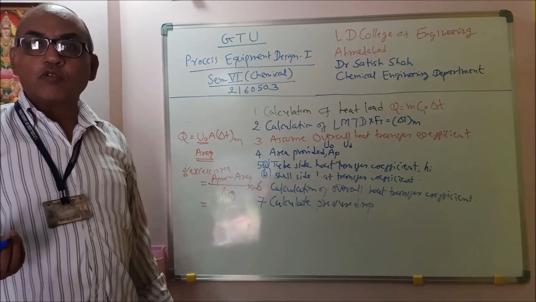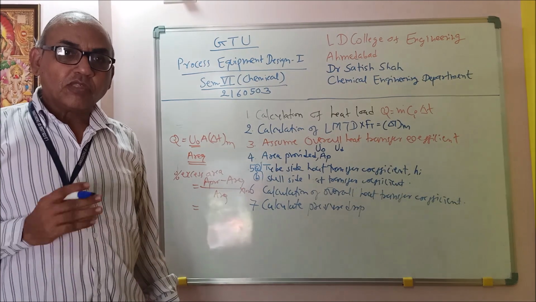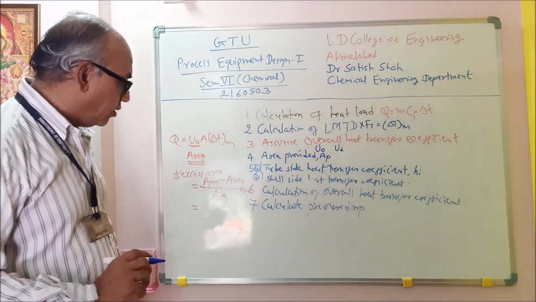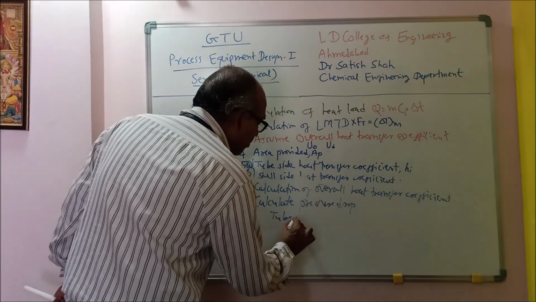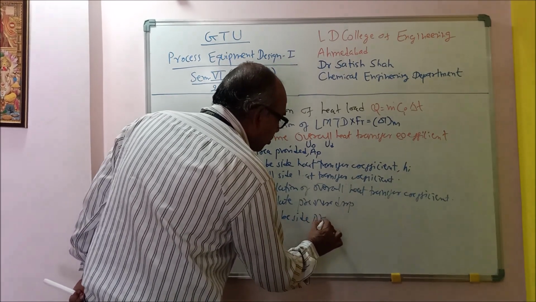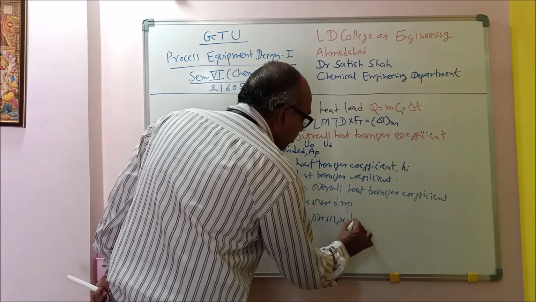Now, pressure drop also you have to calculate on both sides, shell side as well as tube side. So let us write down the formula for the tube side pressure drop.